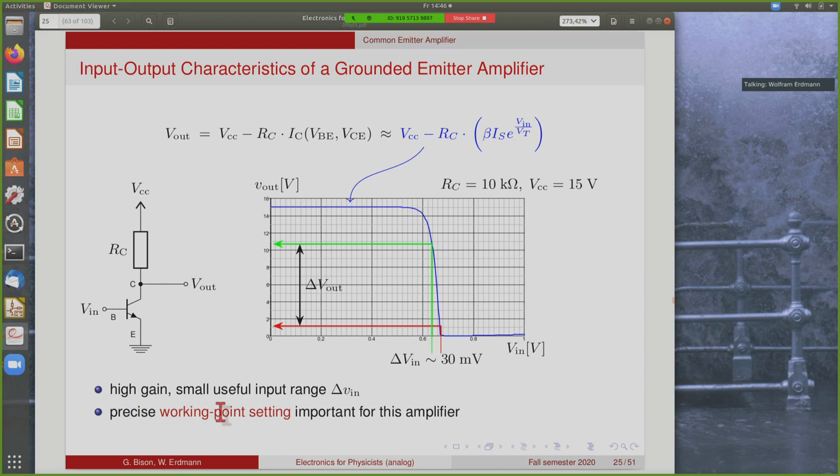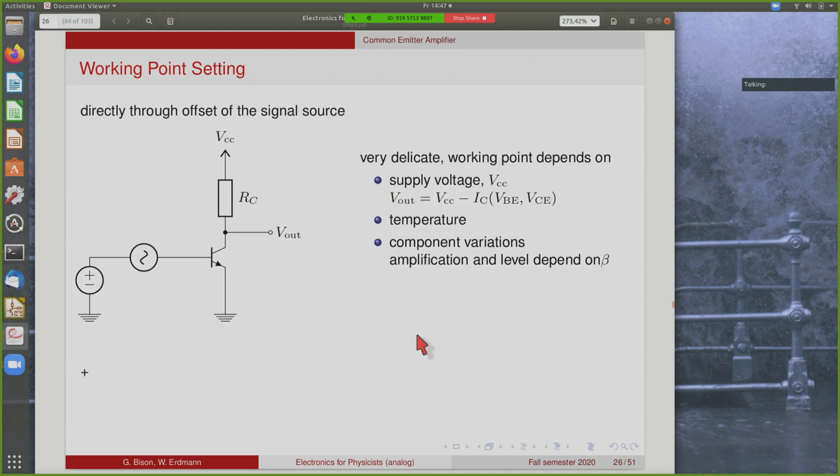So it's important to set the working point of your amplifier very precisely. If you're a little bit off with your working point, your amplifier will immediately stop working. So one way to set this working point, or the offset for your small signal, would be in principle to directly set it with a constant offset here. And this is of course very delicate.